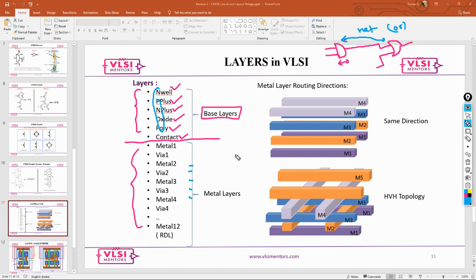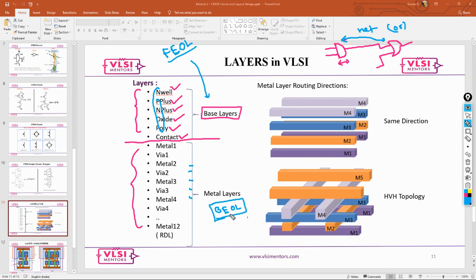Okay, so remember in industry we have a naming convention which is called FEOL, front end of line, which is basically the base layers. And all the metal layers are known as back end of line.